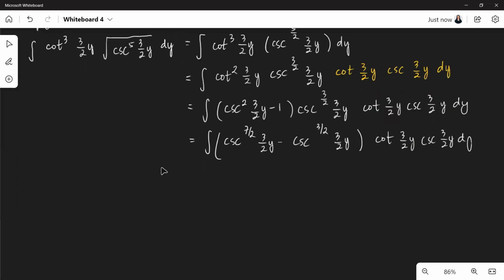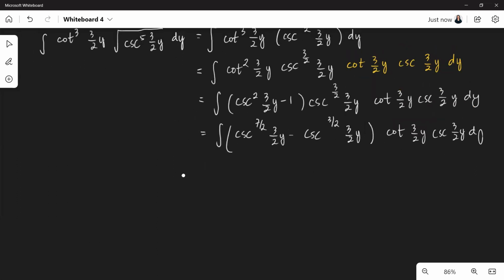All right, so we let u be equal to cosecant 3 halves y, so that we can transform it to u raised to the power of 7 halves, and then u raised to the power of 3 halves.